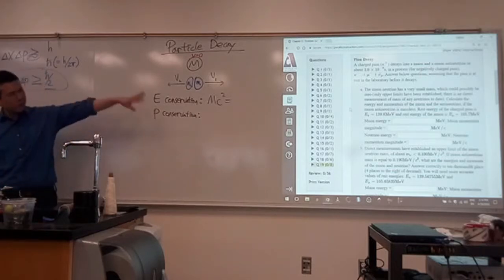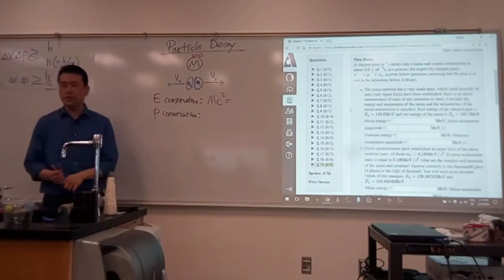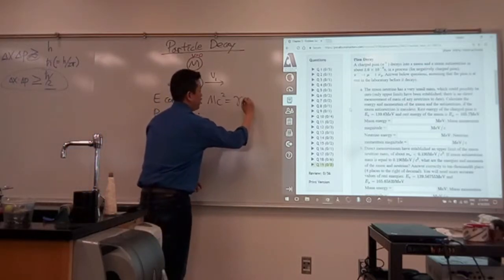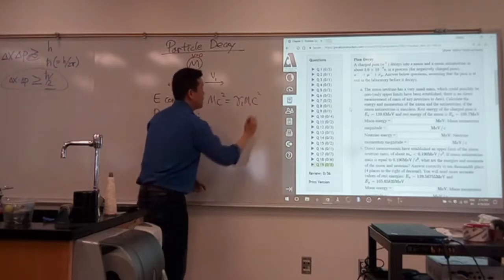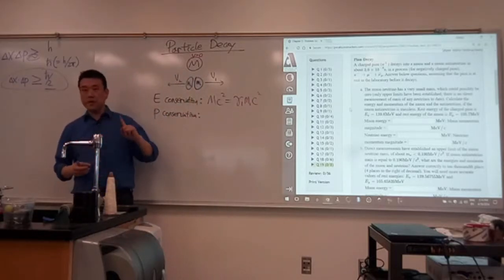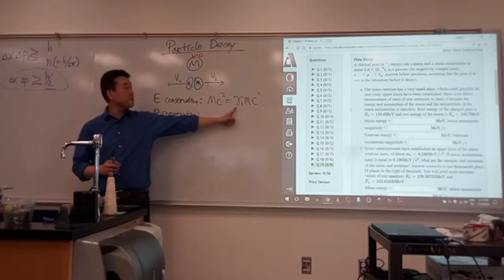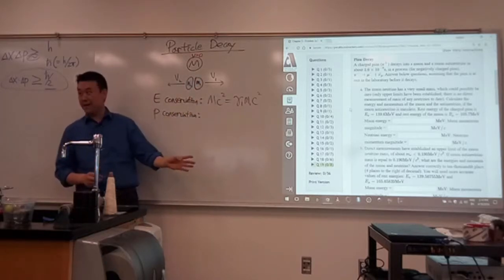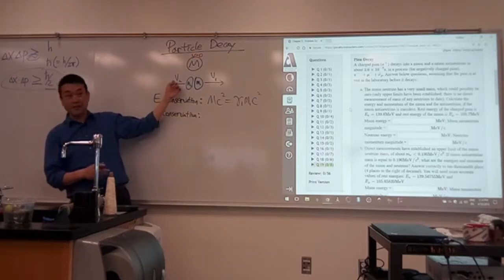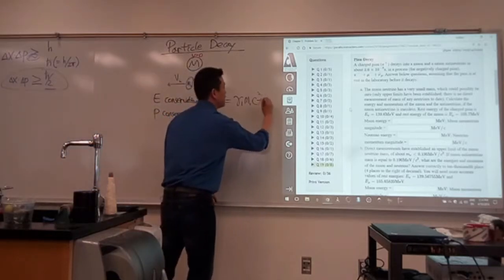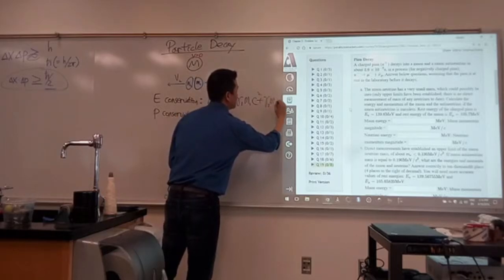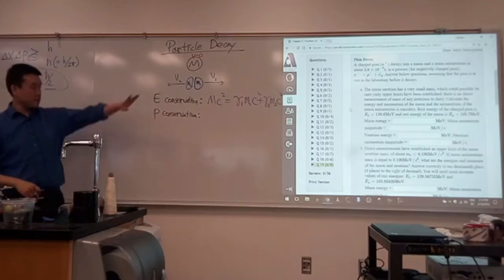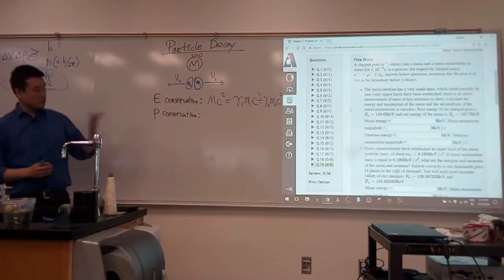After we write it out, we'll see the best way to go, but as a default, this is a good way to write it down: gamma 1 m1 c squared. At this point I start subscripting gamma because I have a gamma associated with one velocity and a different gamma associated with a different velocity. I use subscripts to keep track of which is which, so I don't confuse the different gammas. So that's conservation of energy.